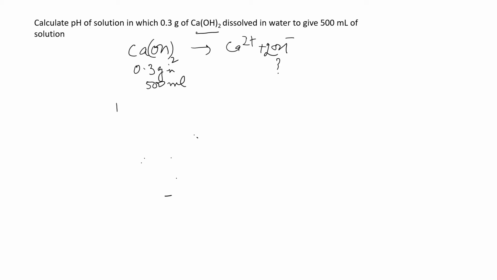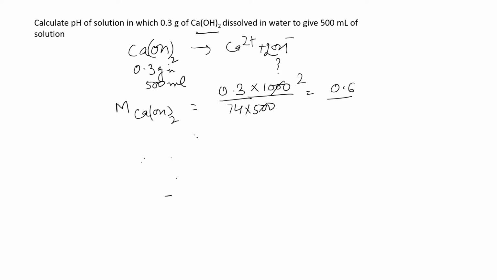So first of all, we will find out the concentration of calcium hydroxide in terms of moles, molar concentration, number of moles divided by molar mass, volume of the solution, and therefore this comes out to be 0.6 upon 74. It comes out to be 0.008 molar.